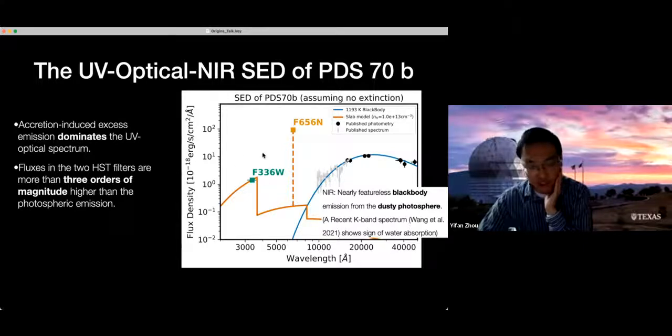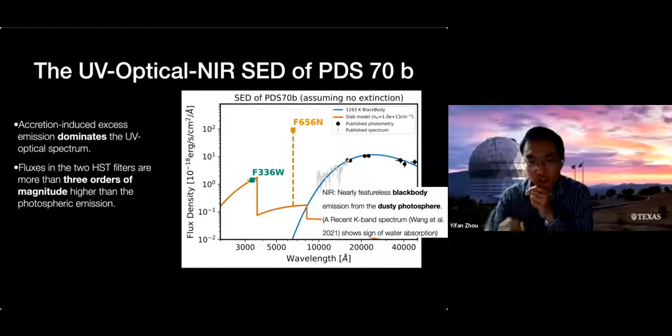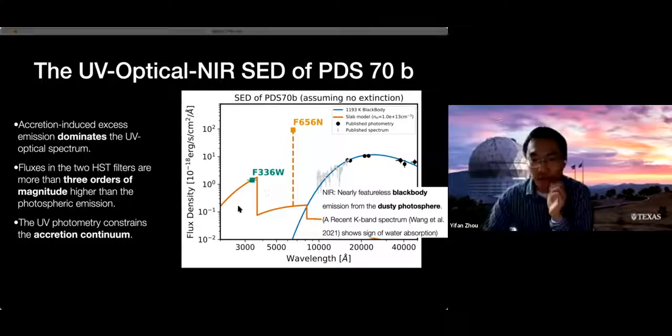So the UV band helps us to constrain the amount of continuum emission that is coming from the accretion shock. Here, to model the emission from the accretion shock, we use a very simple plane-parallel pure hydrogen LTE model to give us the shape of the continuum emission.